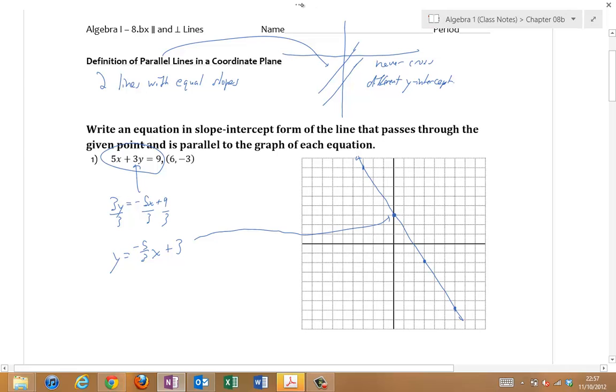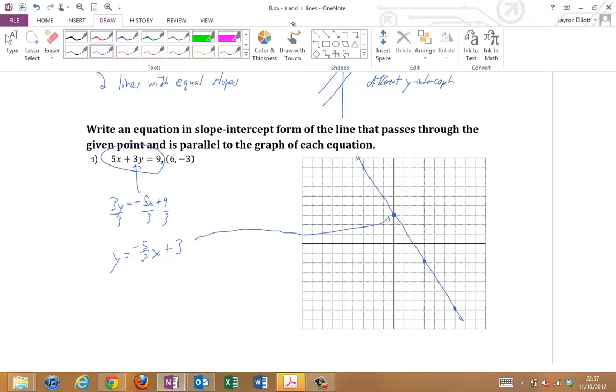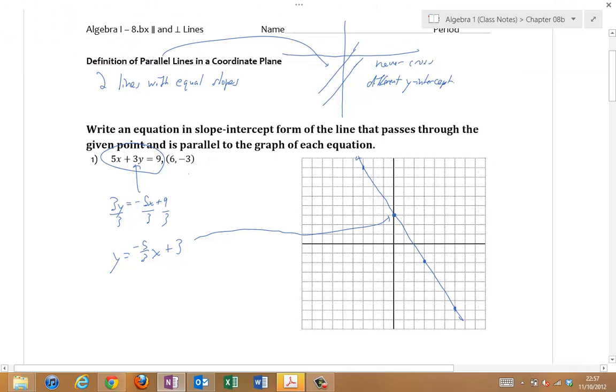But now I'm going to want to do something with this point 6, negative 3. So let me switch colors here. 6, negative 3 would be right 6, down 3, and here. Well, I can see that if this is 6, negative 3, and I want to have them be parallel, I've got to use the same slope. So I have enough room for up 5, left 3.